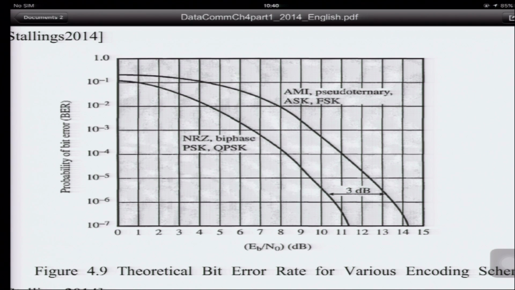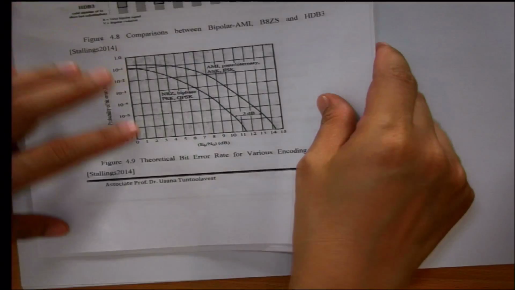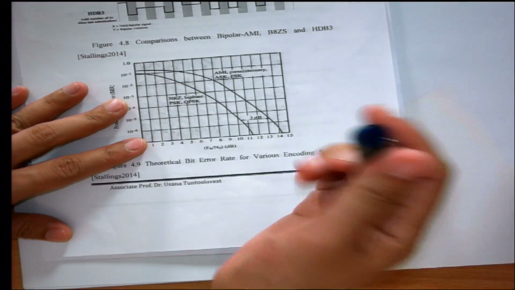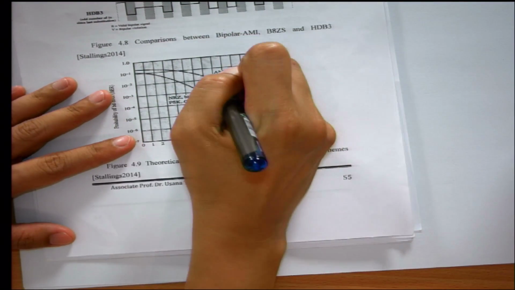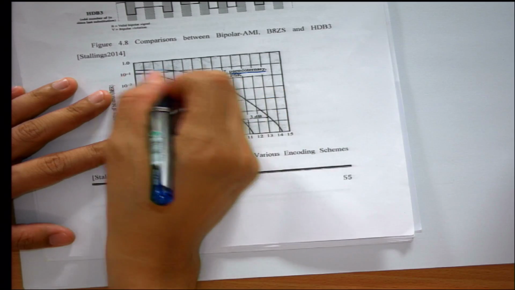You can see that with the same power, okay, you will see that AMI has a higher probability of error, okay. You can look at it like this. This one is AMI. Pseudo ternary is this line, the upper line.